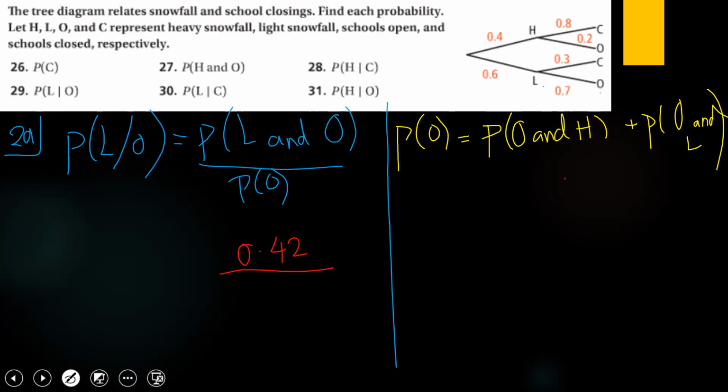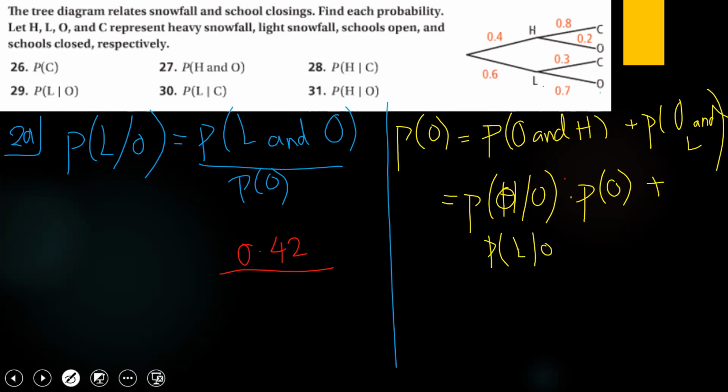Now, the probability of O and H, how can we find it? It is the probability of H given O times the probability of O, plus the probability of O and L. So I will say the probability of light given O times the probability of O.